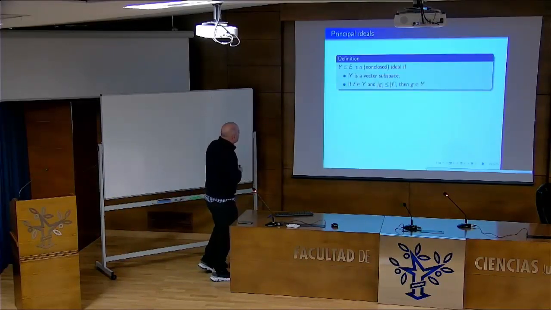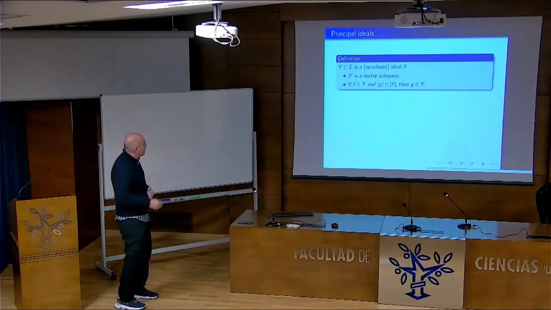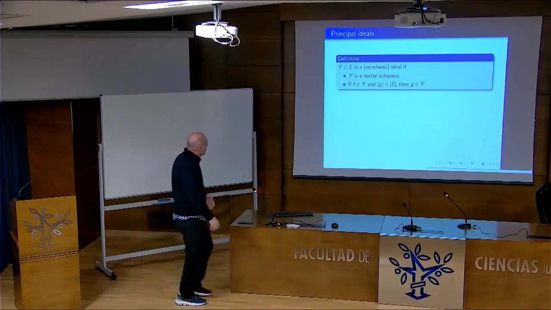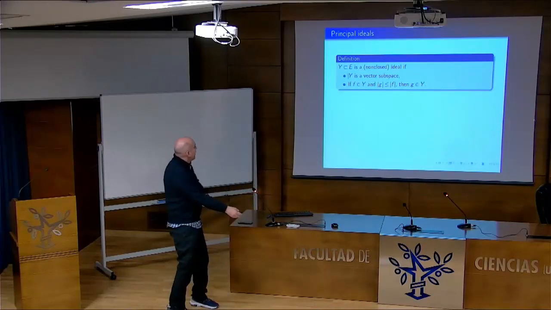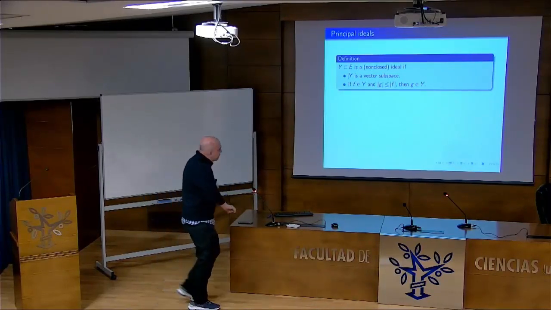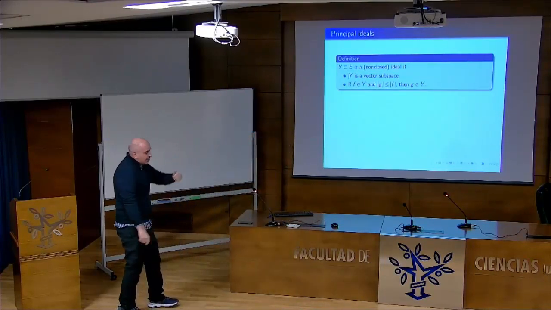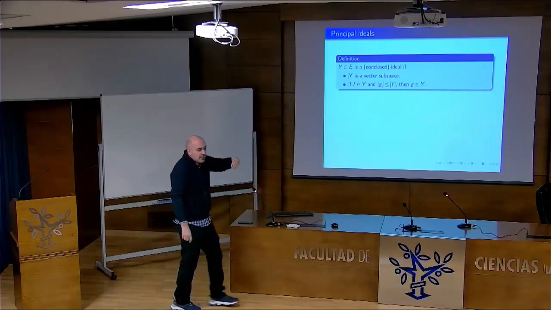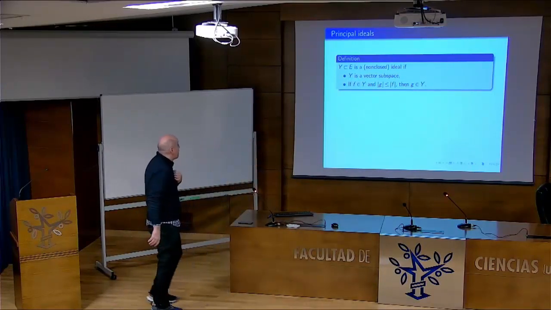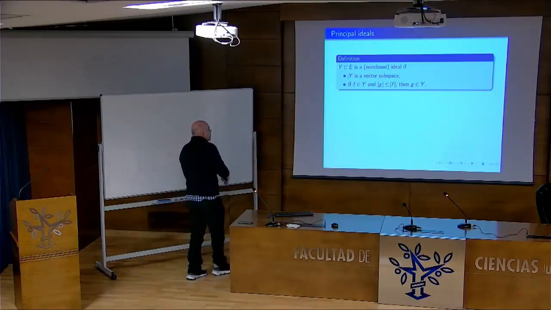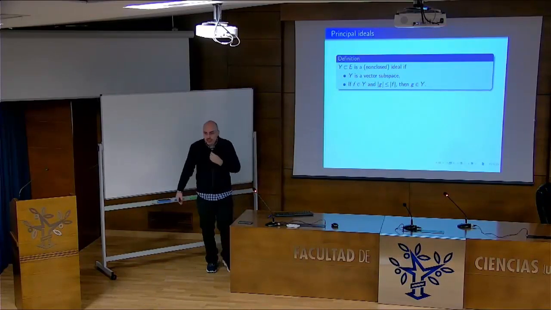Well, this was already commented, so I will go there directly. I will remind another notion, which was also kind of mentioned, but I will be a little bit more detailed here. What is an ideal of a Banach lattice? It's some subset which is a vector subspace, and also whenever I have a function f in my ideal, any function which in modulus is dominated by f has to be also in the ideal.